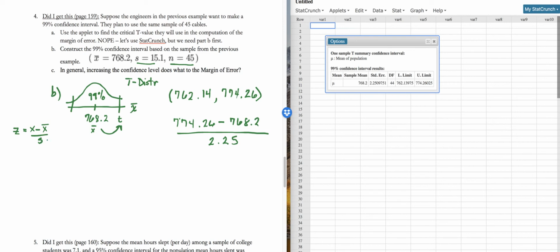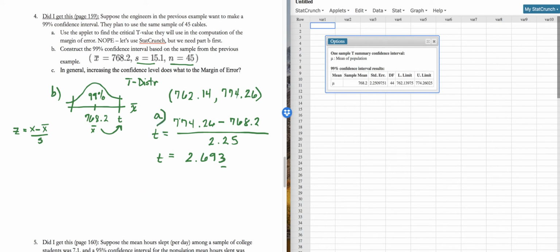Divided by the standard deviation for this distribution, which is the 2.25 that StatCrunch gave us. So our t-score here, if I round off to 3 decimal places, just because I see that's what is in OLI, I get 2.693. OLI has the same choice. They've got a different number in the 3rd decimal place, and it's just due to rounding error. So this now is our answer for part A.